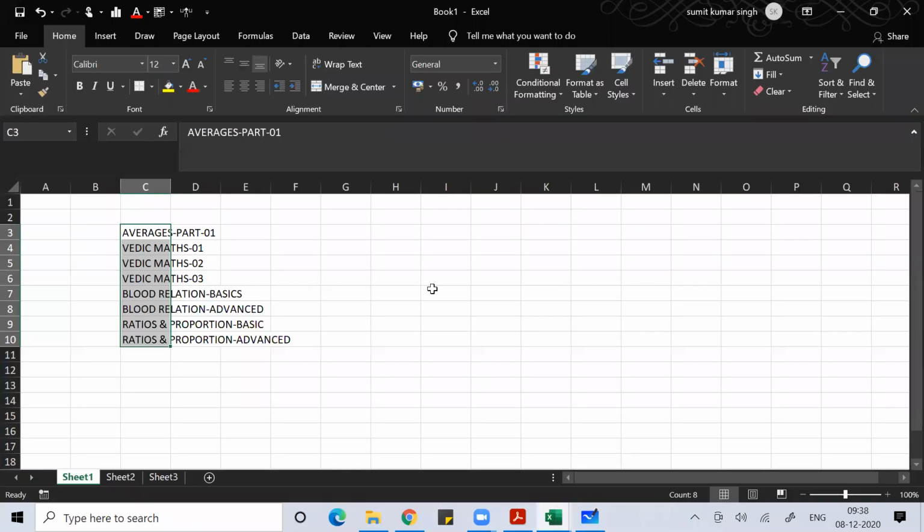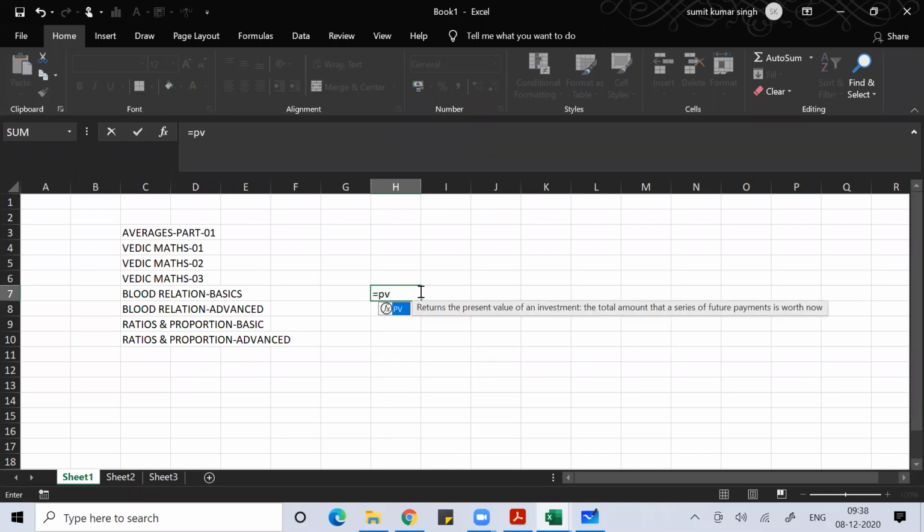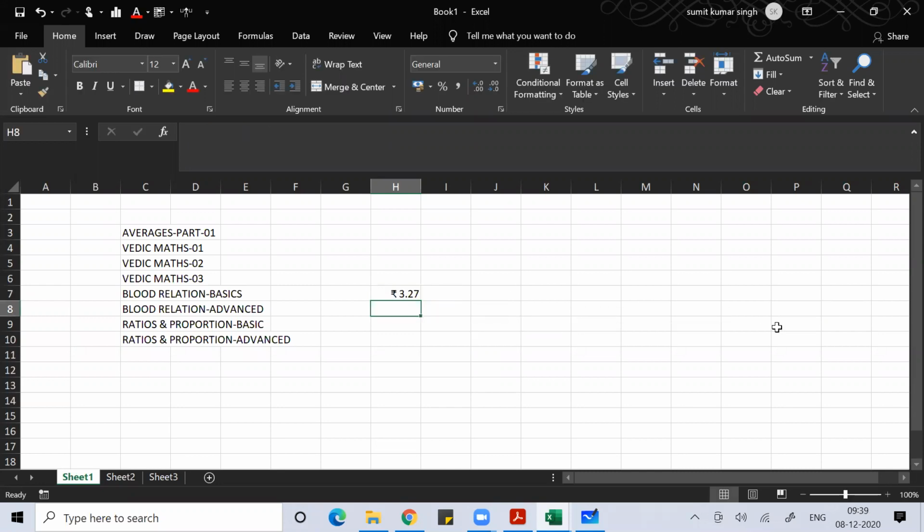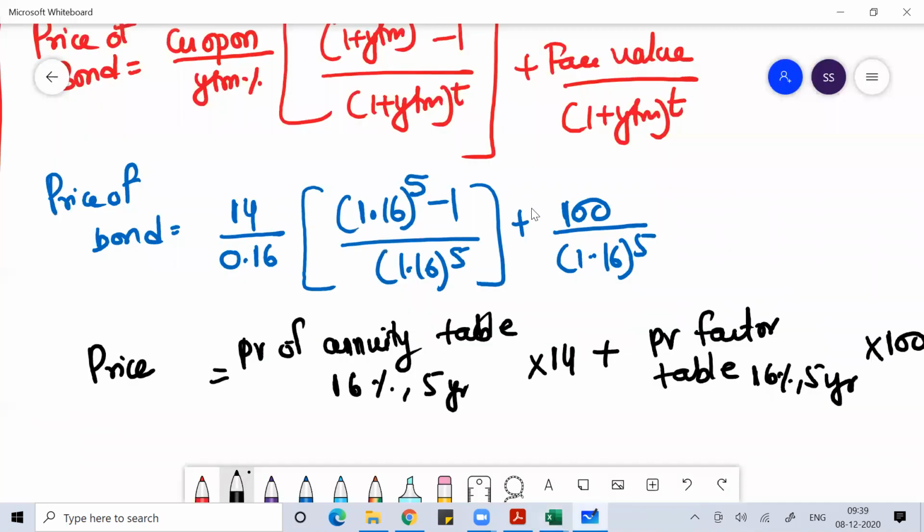If I simply tell you the present value of annuity using rate 16%, NPER is 5 years. If I'm using Excel, PMT let it be 1, future value 0. You get 3.27.